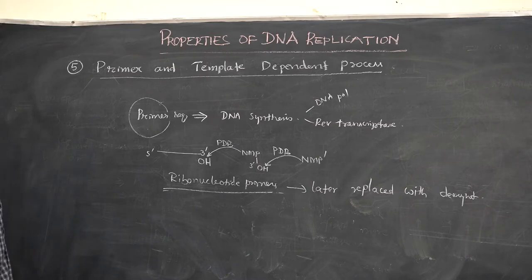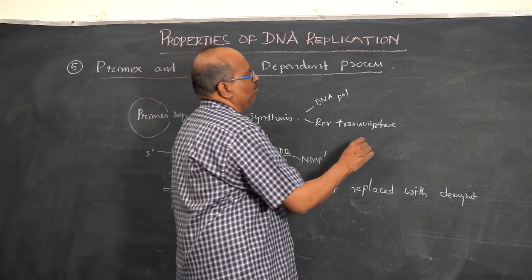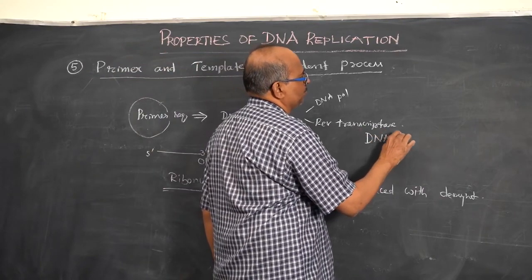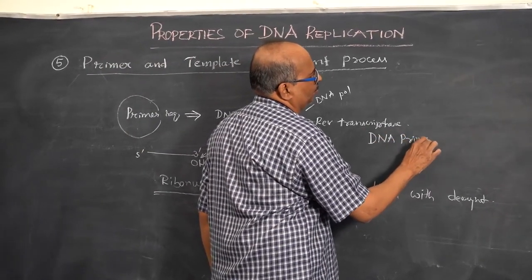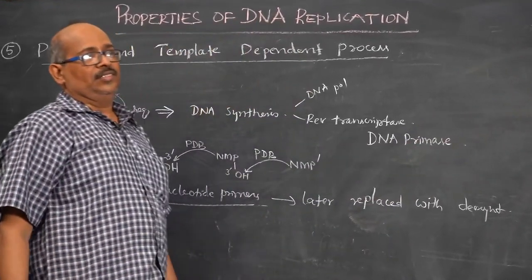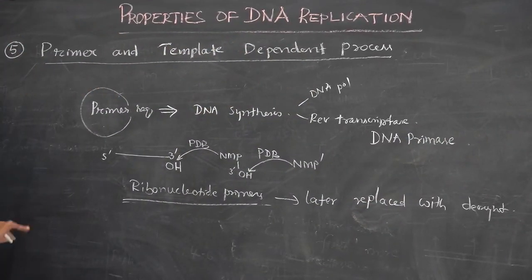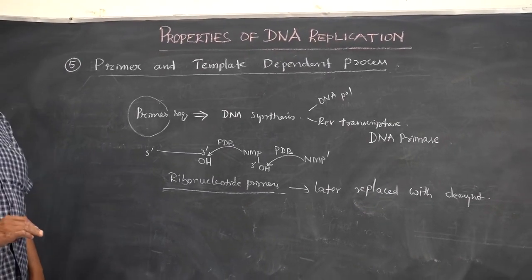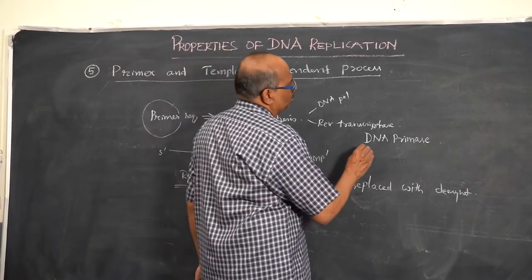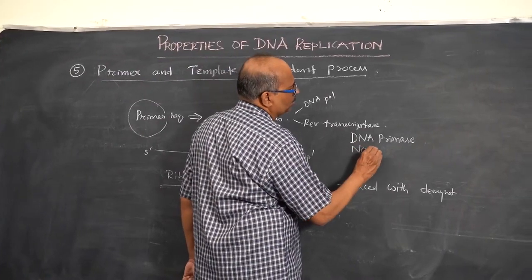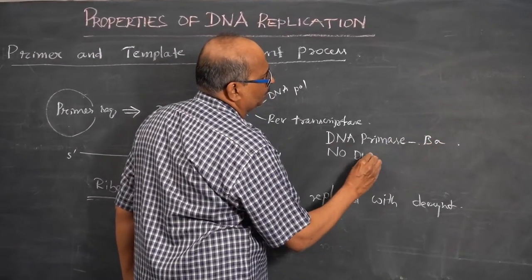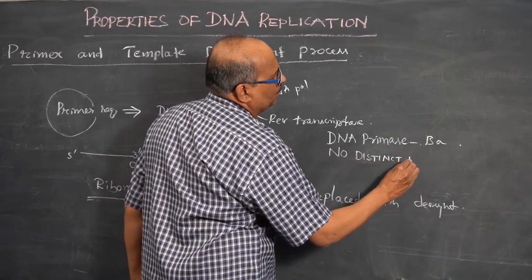In bacteria, we have a DNA primase. This enzyme synthesizes primers for both the leading and lagging strand. In eukaryotes, there is no distinct primase.